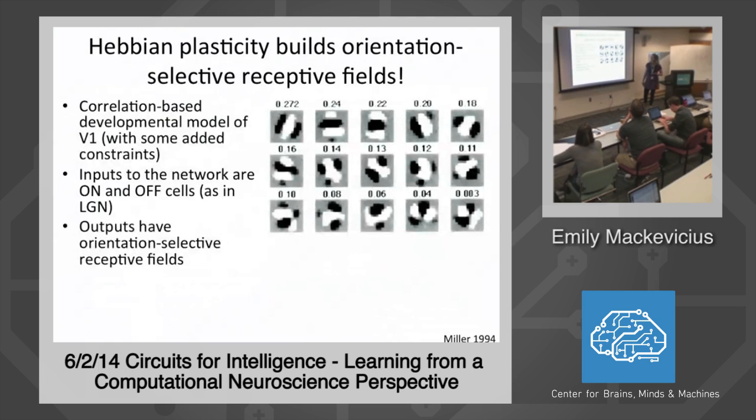You can see these receptive fields have become orientation selective, sort of like you see in actual V1. So your network has done some sort of unsupervised learning about the structure of the inputs.